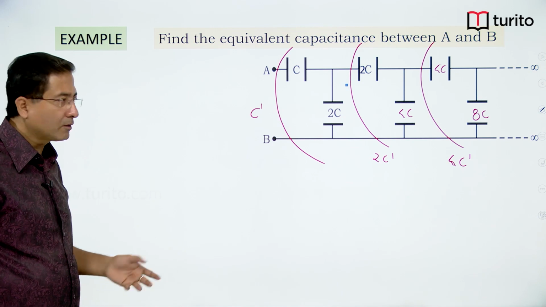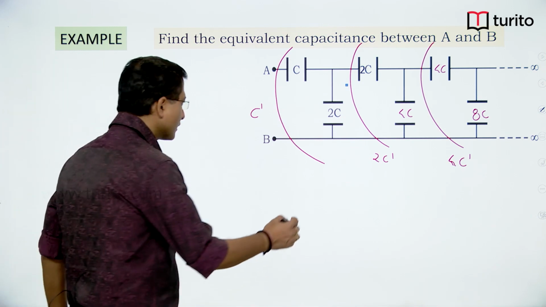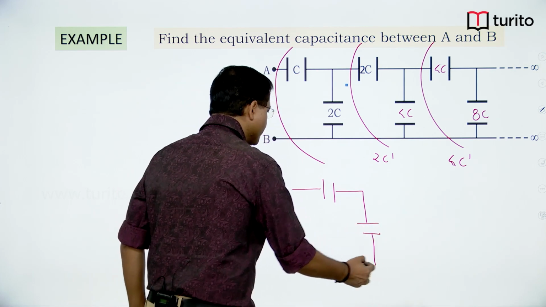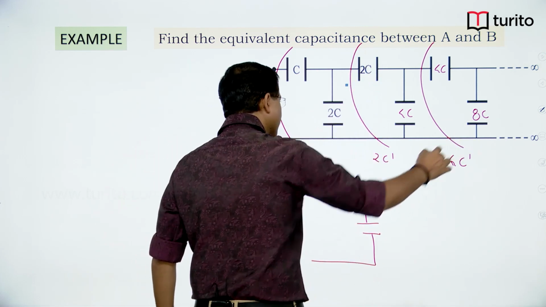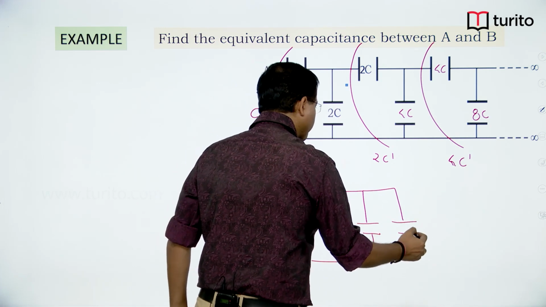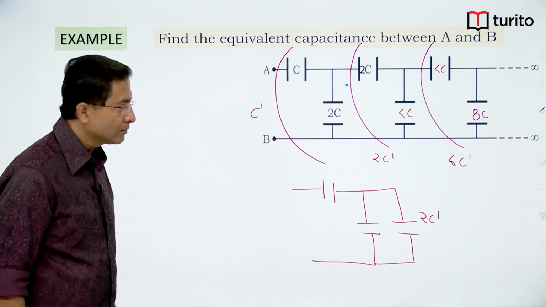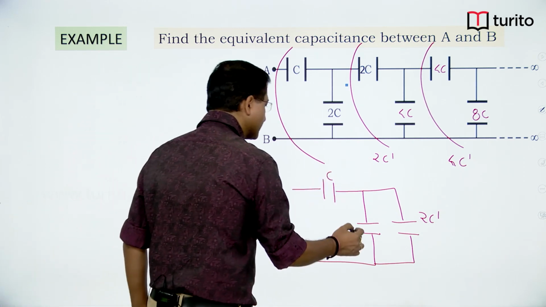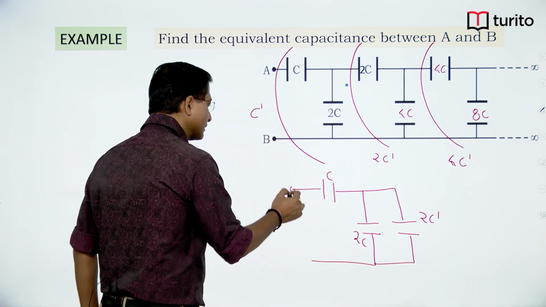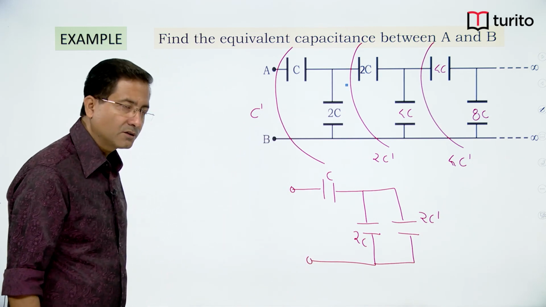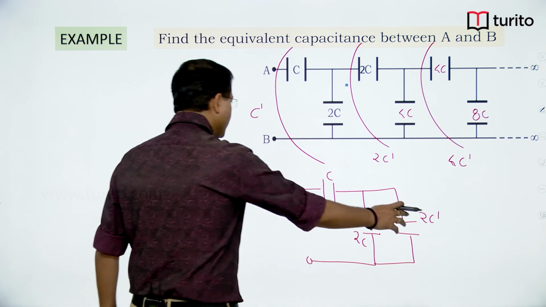Same way I can solve this problem also. I will assume this whole thing as 2C dash. This capacitor is C and this capacitor is 2C, and the capacitance across these two terminals I assume C dash. First I will add all.